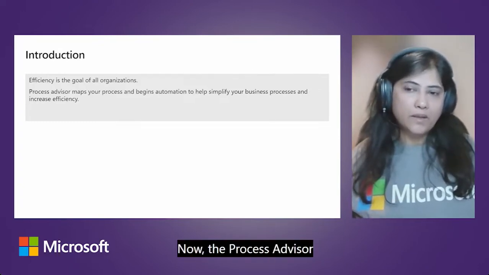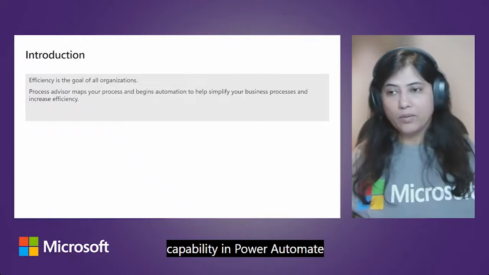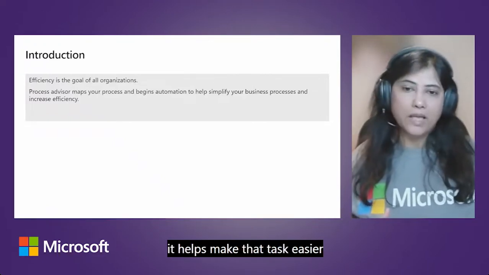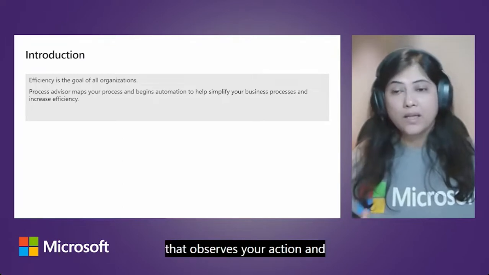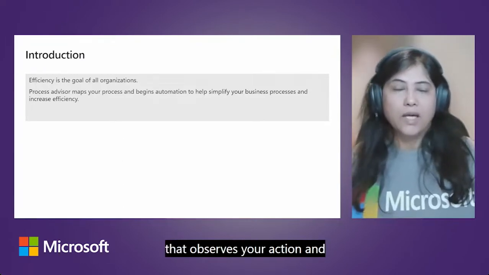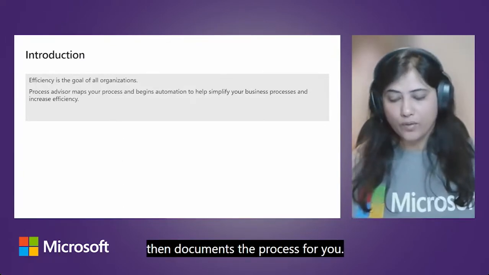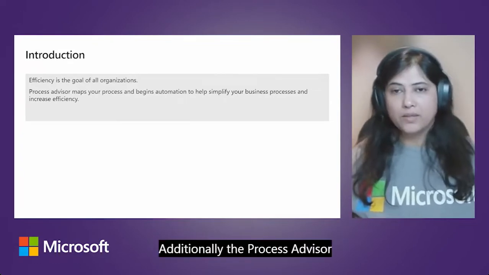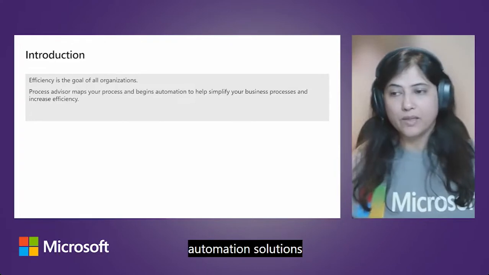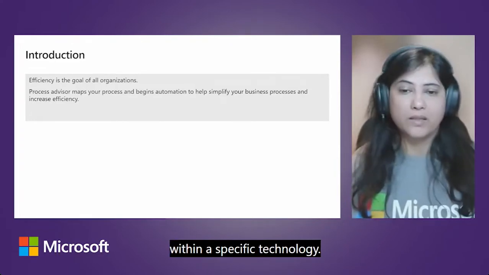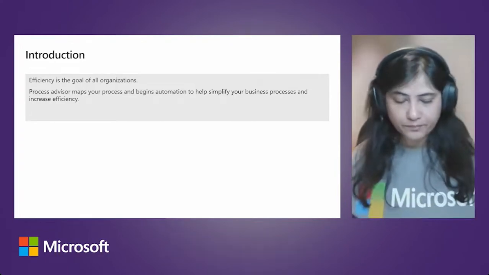Now, the process advisor capability in Power Automate helps make that task easier by providing a service that observes your action and then documents the process for you. Additionally, the process advisor defines bottlenecks and then recommends automation solutions within a specific technology.